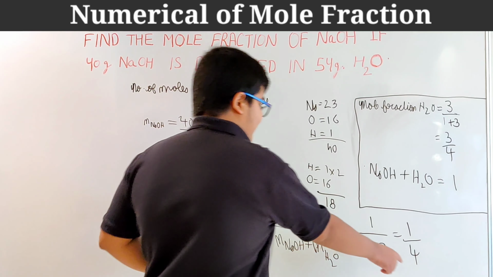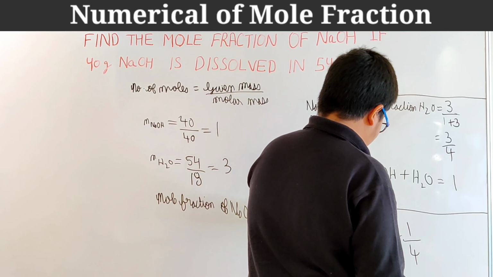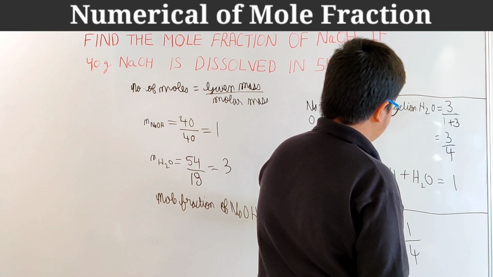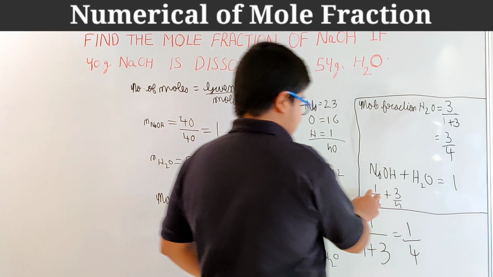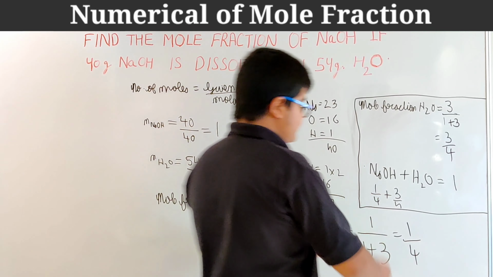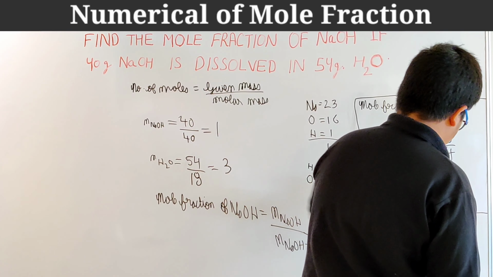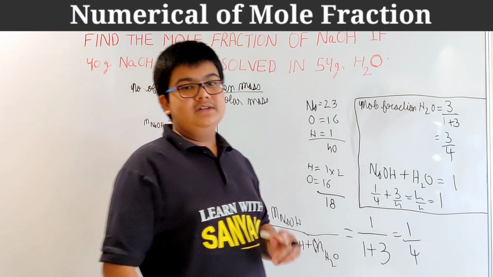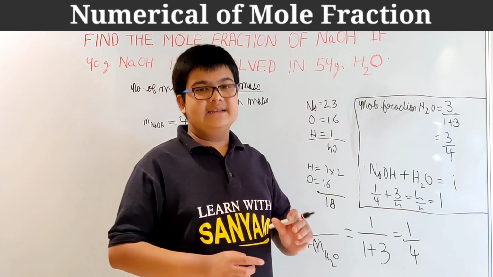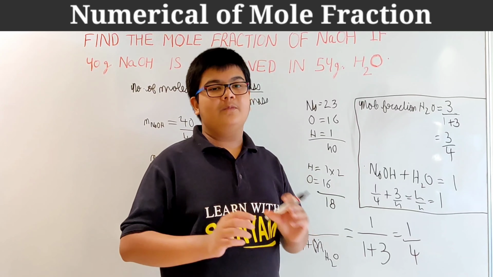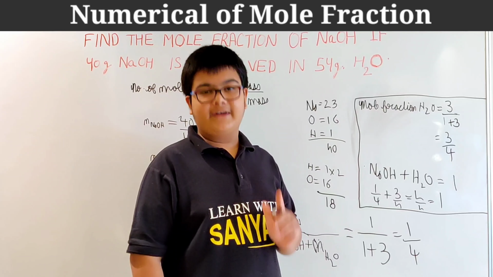You can see that mole fraction of NaOH is 1 by 4 and mole fraction of water is 3 upon 4. So 1 upon 4 plus 3 upon 4 is equal to 4 upon 4, that is equal to 1. So this is the important relation: the sum of mole fractions of all the components of the solution will be equal to 1.